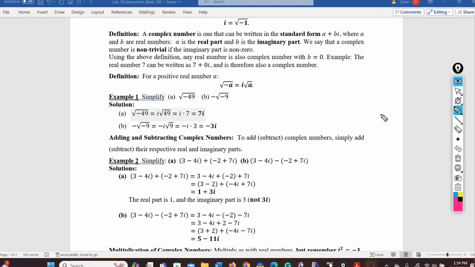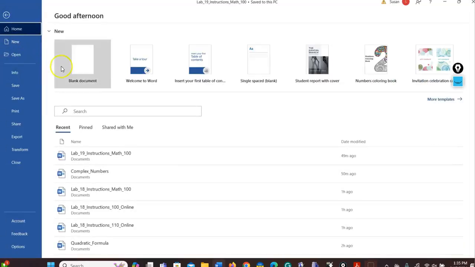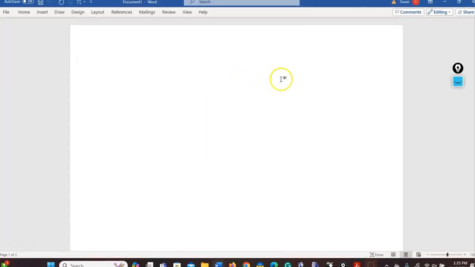So suppose I want to add and subtract complex numbers. What you do is you treat the i as you would an x. So let me get onto a blank page.